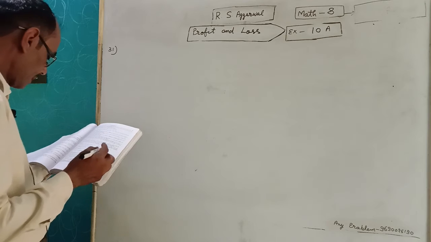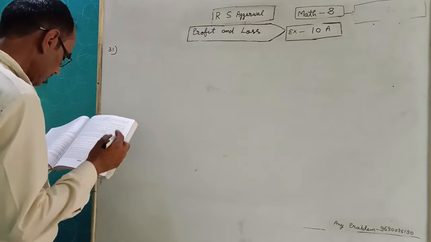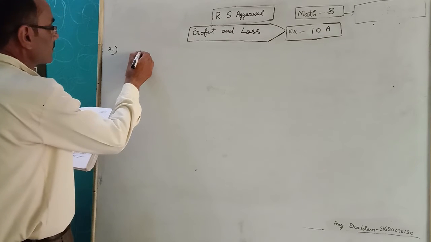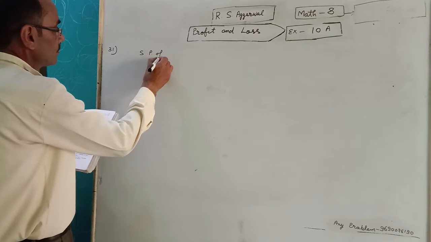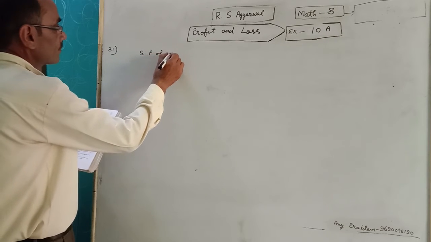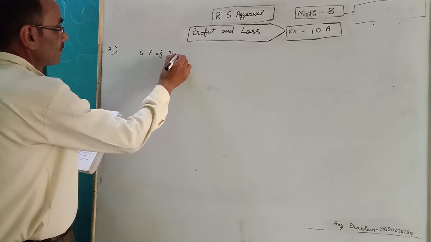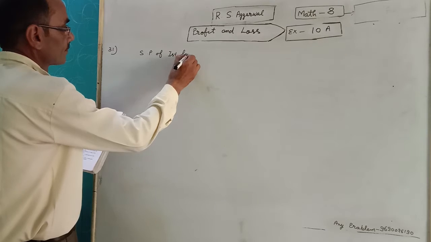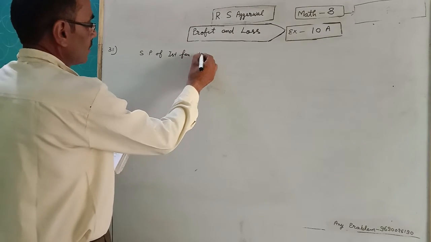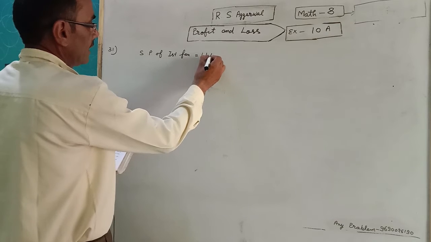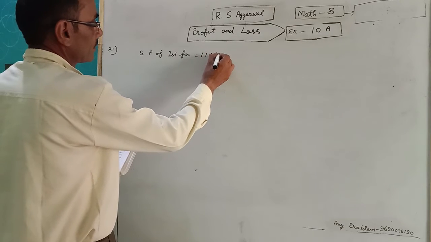a shopkeeper sold 2 fans. SP of first fan is 1140 rupees.